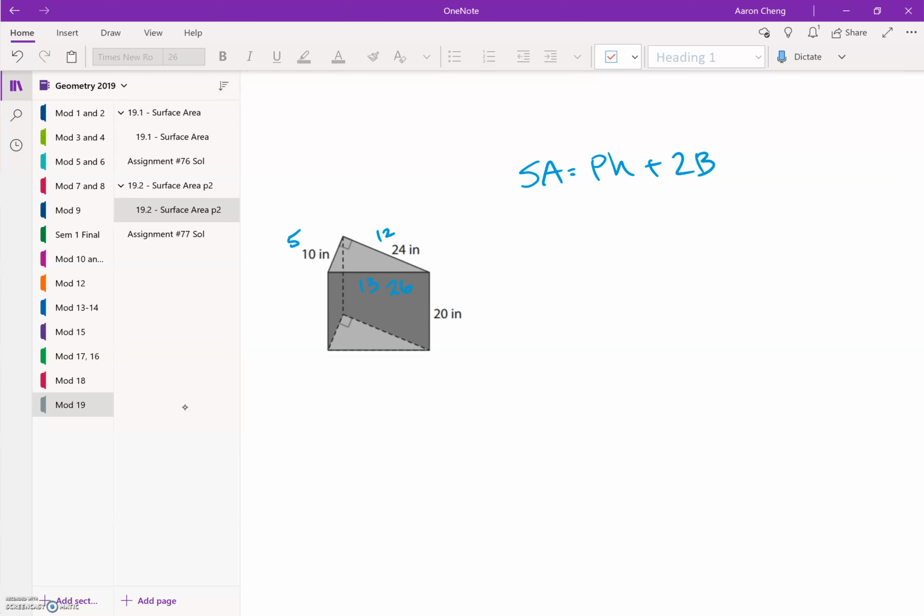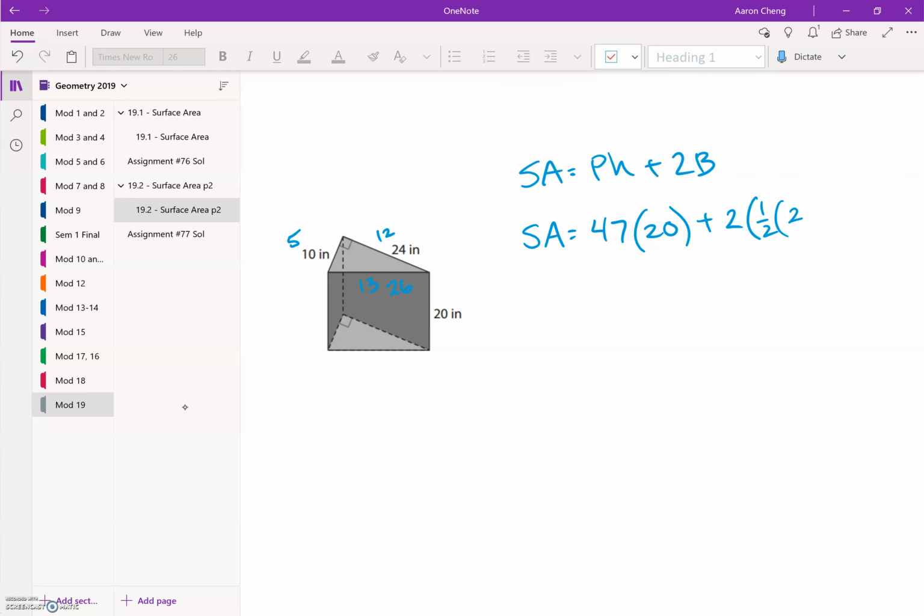Our perimeter is going to be 10 plus 24 plus 13. 10 plus 24 is 34 plus 13 is 47. And multiply by our height, and our height is 20. The area of our bases is 2 times, since we have a right triangle, 1/2 base times height.